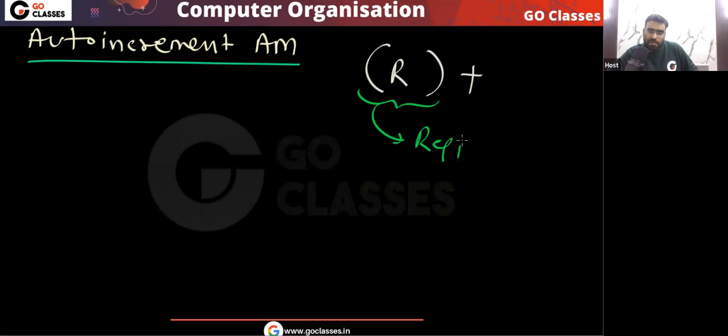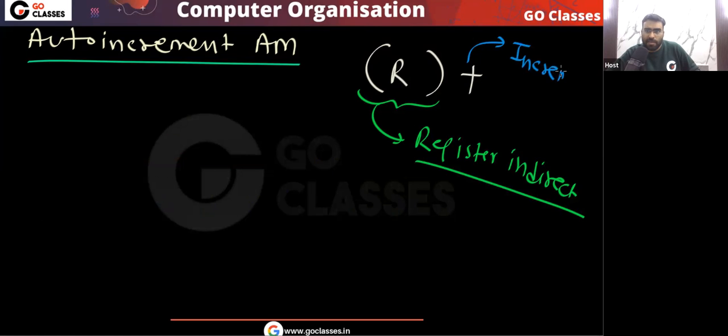Did you understand why this symbol is used? Because this symbol means register indirect, and this symbol means auto increment. So very simple.